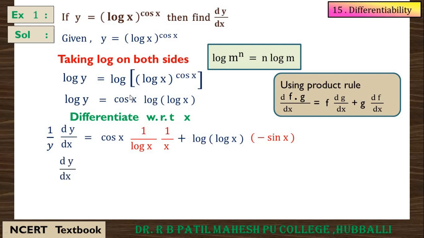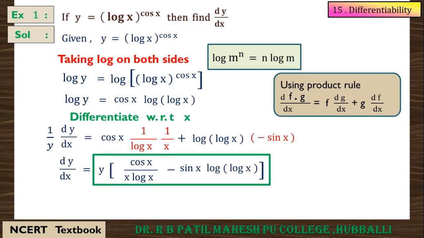So next step, dy by dx is equal to, transfer this y to the right side, it becomes y into bracket. Writing the same function, cos x divided by x into log x, minus, because here minus is there, so this minus into plus becomes minus sin x log of log x. So this is the solution.